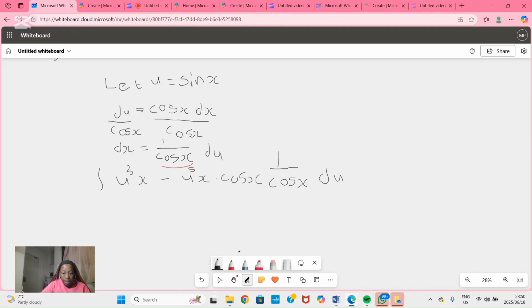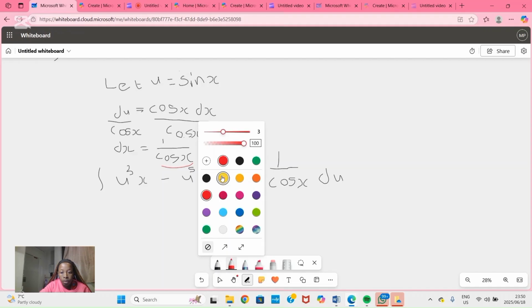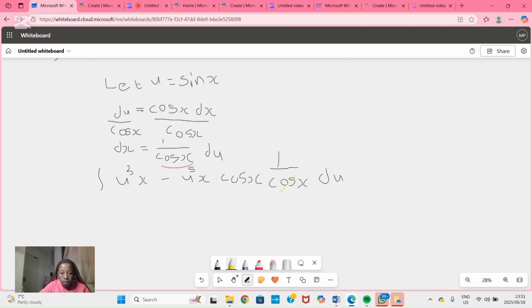So cos x is going to cancel cos x, and then we'll be left with integral of u cubed minus u to the 5, du.